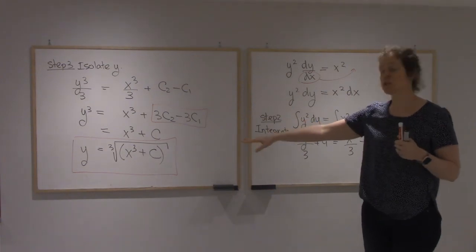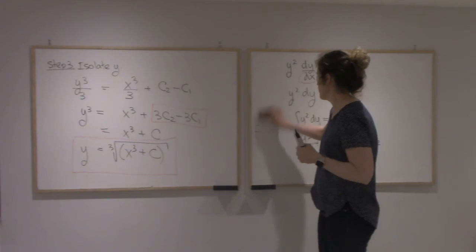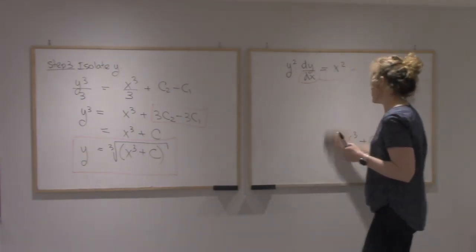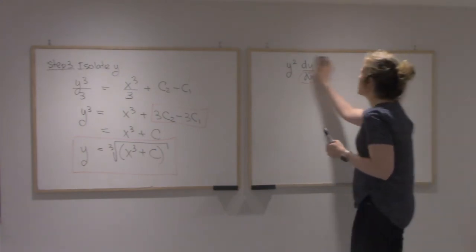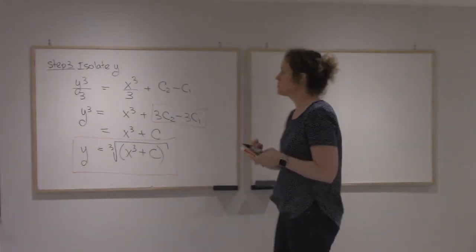So that's a solution for the differential equation that we started with. That's the general solution, since we have the plus c there. Whatever value of c I put in it, I get a particular solution.